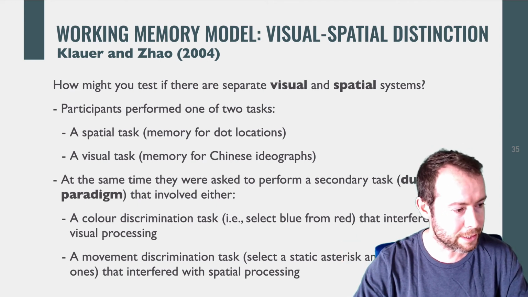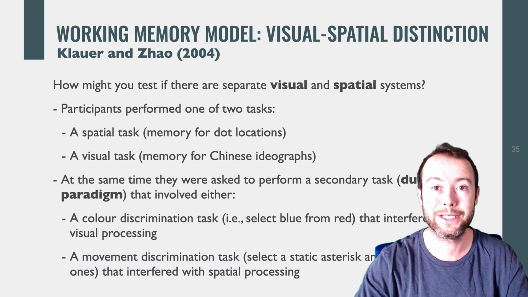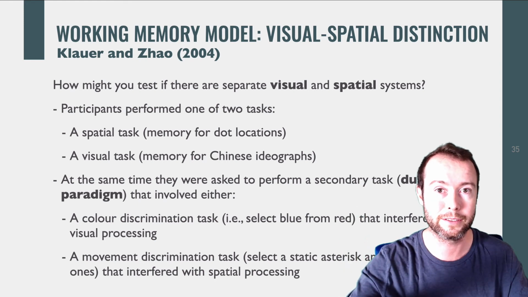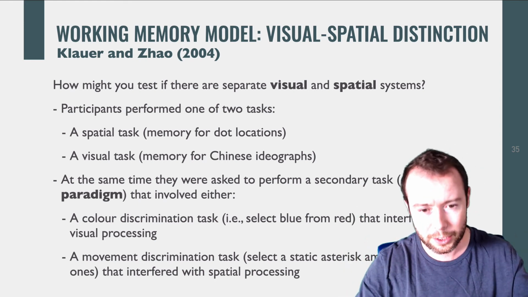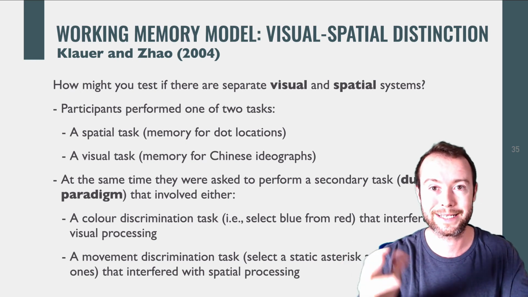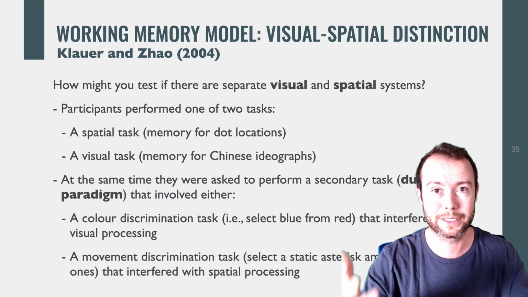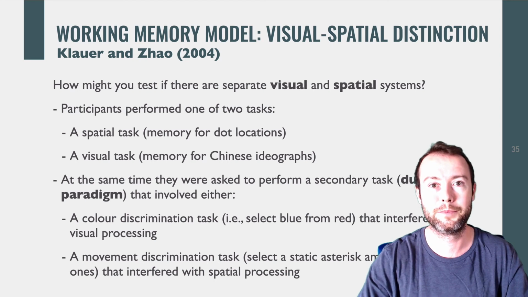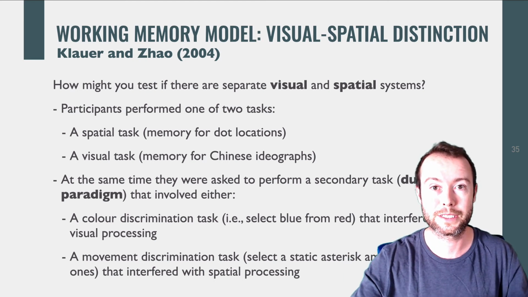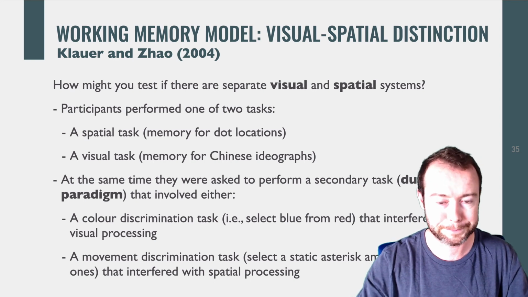In the first one, they have a color discrimination task. They're presented one out of many possible ranges of colors that are either largely red or largely blue, but not necessarily too different from each other, so it's sometimes a little challenging. You just need to discriminate which one is blue and which one is red.